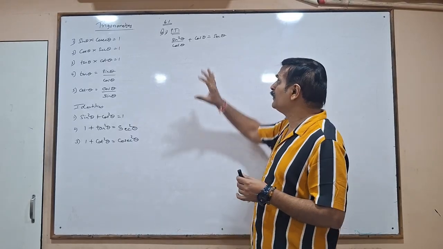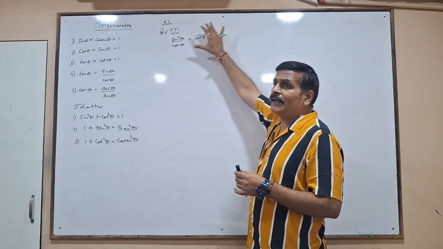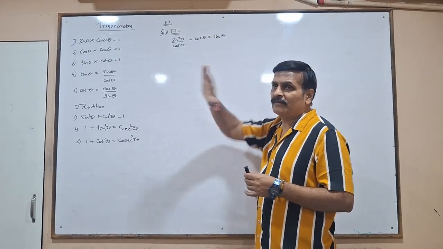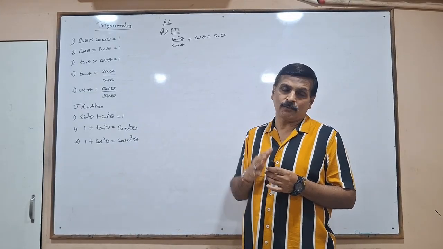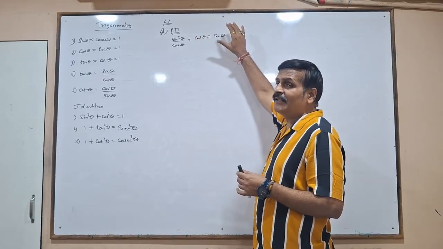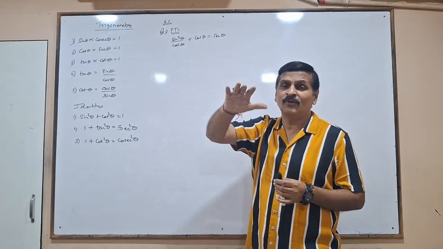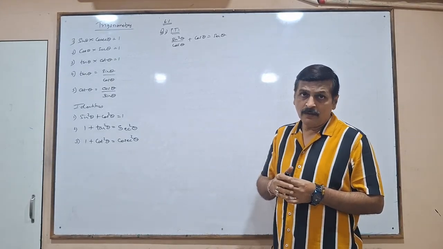If on the left hand side there is tan square and the right hand side has sec square, yes, I will go for identity because 1 plus tan square is sec square. If on the left hand side there is cosec square and on the right hand side there is cot square, yes, I will go for identity because 1 plus cot square is cosec square.